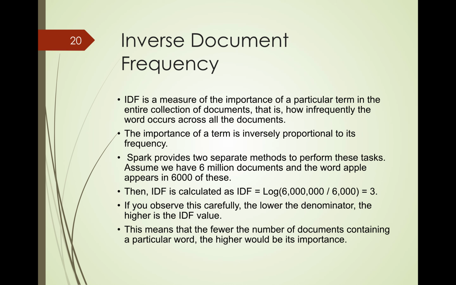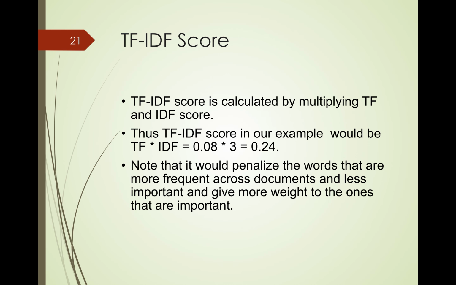If apple were to occur in every document, then its IDF score would be close to 0. If it occurs in very few documents, its IDF score would be higher. That is the idea. A word that occurs rarely gets a higher IDF score.